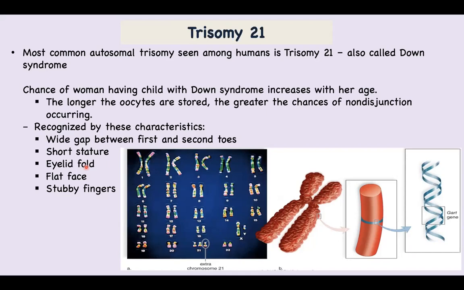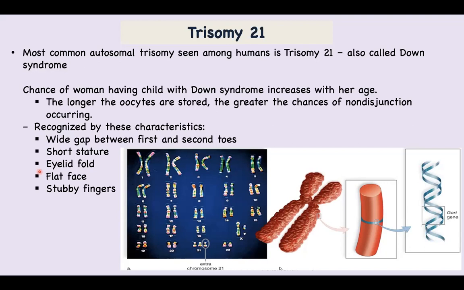You can't really tell them apart sangat because of the characteristic ni. An extra chromosome at chromosome 21, so dia akan develop this characteristic. Dia punya eyelid fold, dia ada flat face, dia ada stubby fingers. So kalau you refer to page 166 yang Brandon ni, okay, that's how a Down syndrome look like.